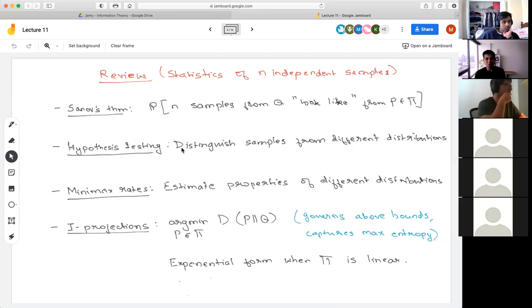So a lot of it is about this idea of how to understand that samples from one distribution look like they're coming from some other distribution, and then there are applications of quantitative forms of this statement. Any questions about the statistics portion, about the connection between them, or anything before we proceed?